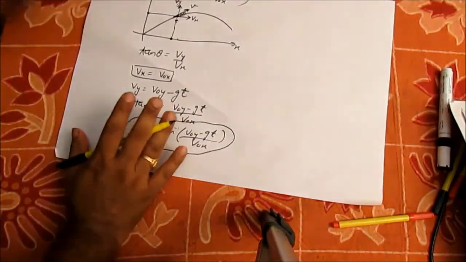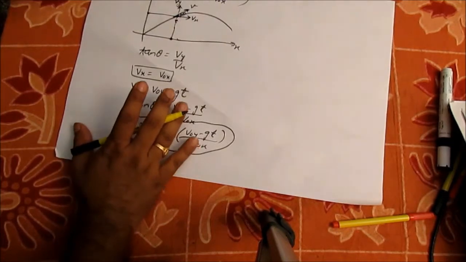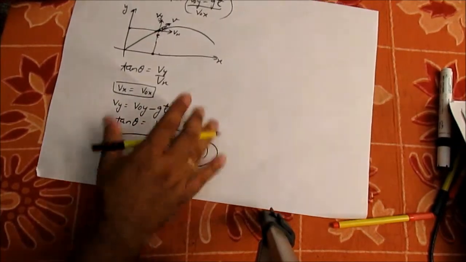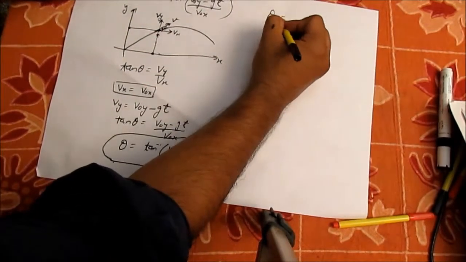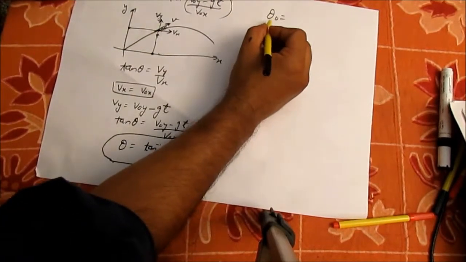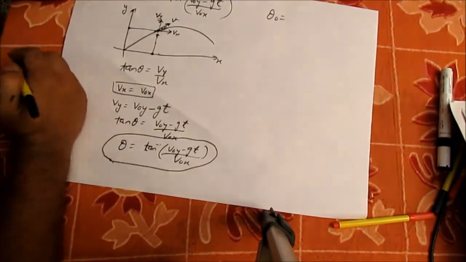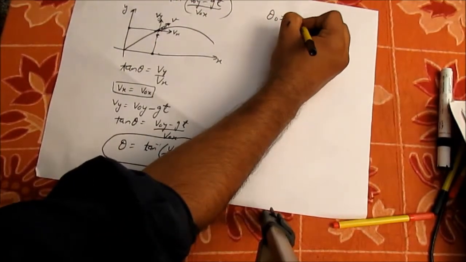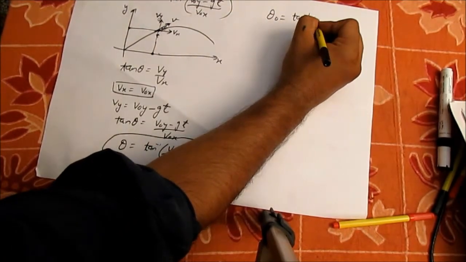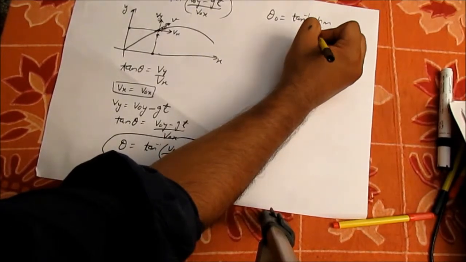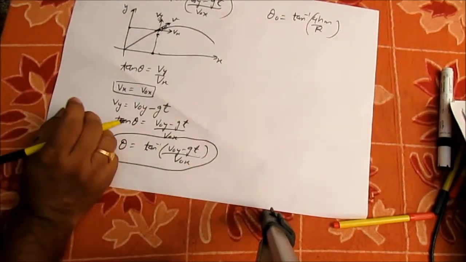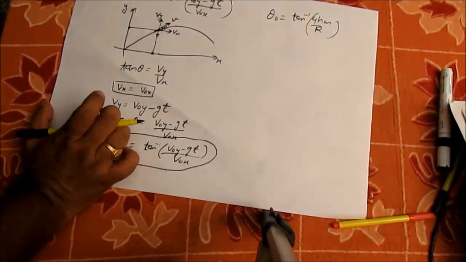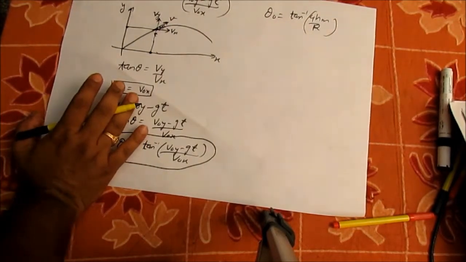Now come to the other question, part B, and we have to show that theta naught, the angle at which this projectile is projected, is equal to tan inverse of 4 hm by r, where h is the maximum height and r is the maximum range.